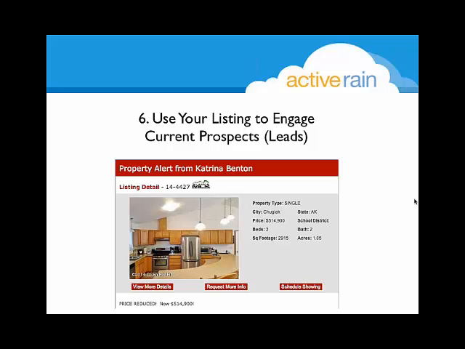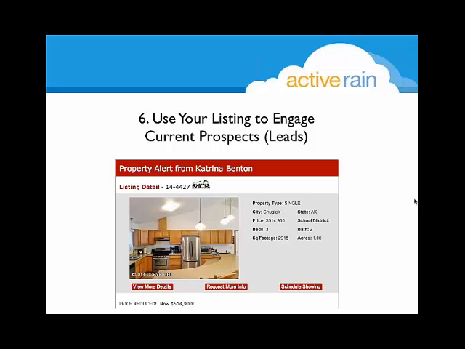This is a property alert I received from her recently, and this happened to be one where she had reduced the price on this listing. So she sent that out, and she was engaging people inside of her database that maybe had looked at a similar type of listing, or maybe she was sending it to just people who hadn't responded to anything in the last 3 months.